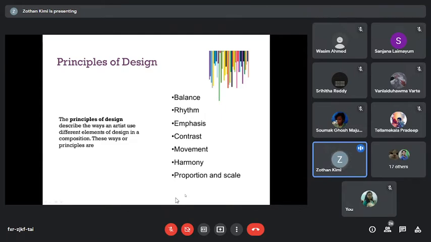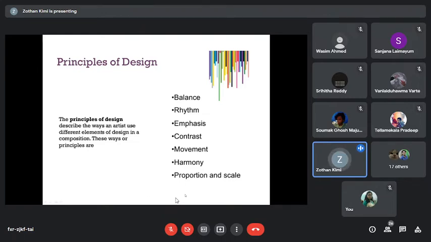All right. So today we will learn, you can see the screen, right? Today we will be learning about the principles of design. Since the subject itself is called basic design, this can be applied not just in architecture, but in any kind of design, be it graphic design or automobile design, which you can pursue later after you finish your degree.